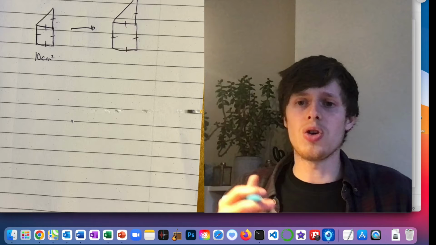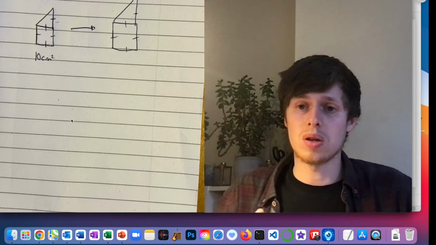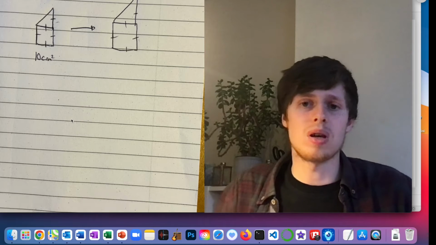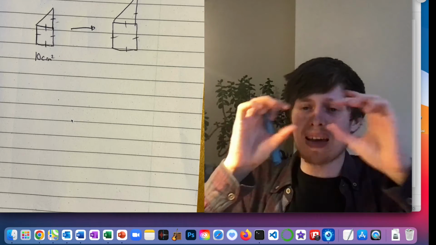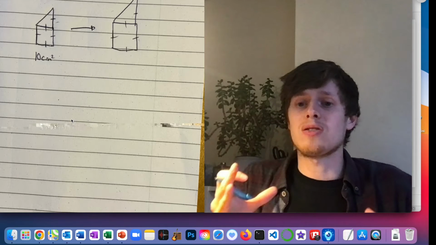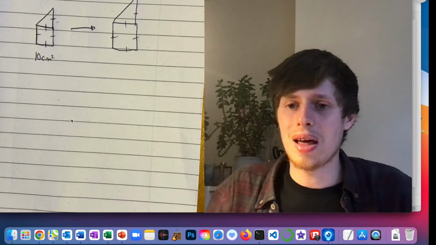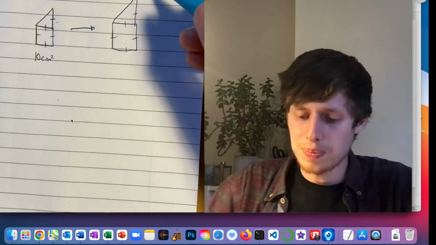You can work out the area of what you have in your floor plan, so it might be 3 centimeters squared or 10 centimeters squared, and then you can work out how much that would expand to in your bigger floor plan. So yeah, it is really useful to know.